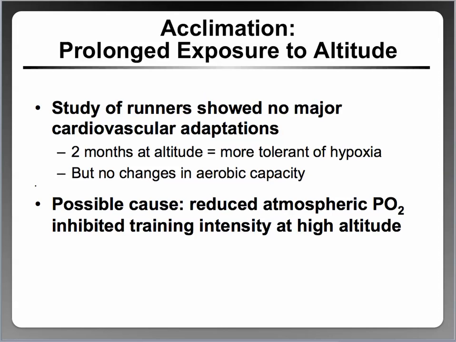And they thought that it might have been reduced, or they might not have seen any changes, because the reduction in partial pressure of oxygen also had an effect on how intensely these athletes were able to perform. And I'm going to also throw out there, it might also be possible that the athletes were already at their genetically predetermined limit, and if that was the case, then they wouldn't be able to increase VO2 max anymore.